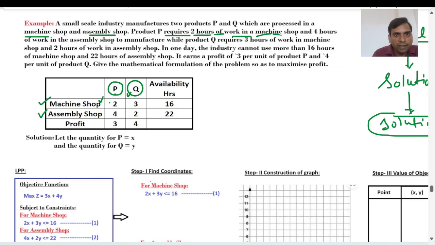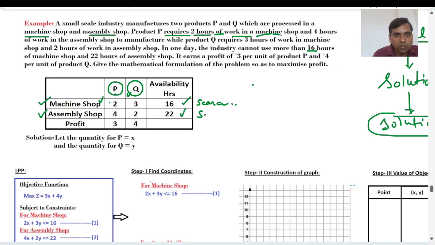And now in one day, the industry cannot use more than 16 hours of machine shop. So this is 16 hours available. So this is the scarcity of resources. Scarce. And then 22 hours of assembly shop. 22 hours for this.